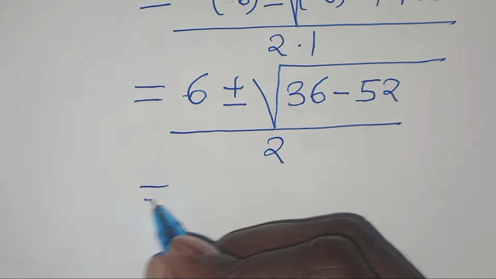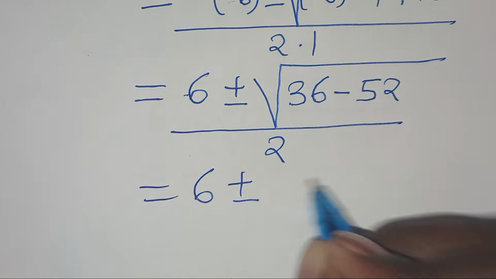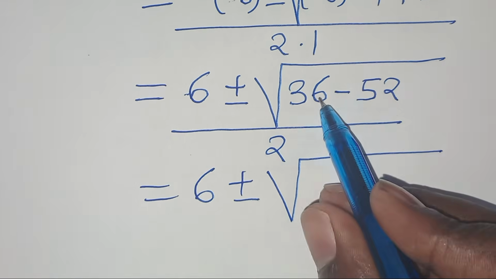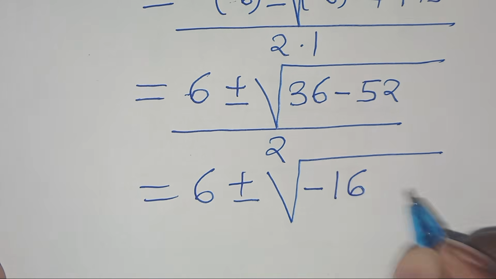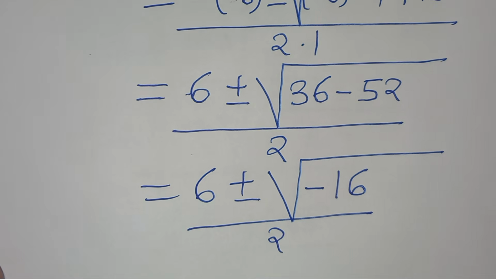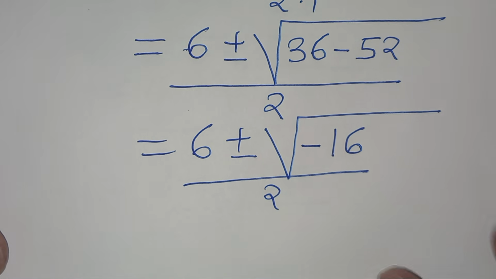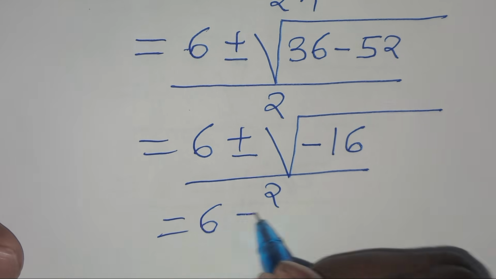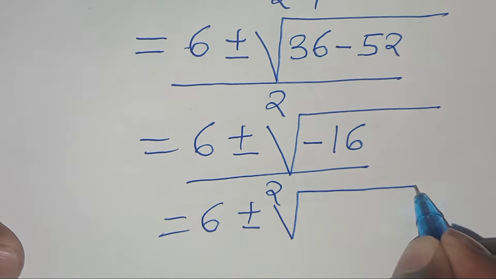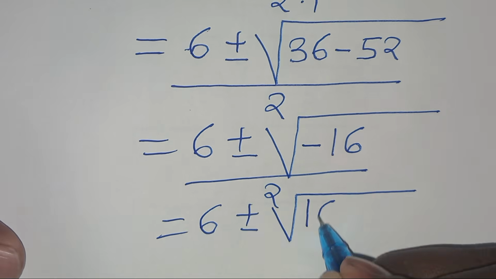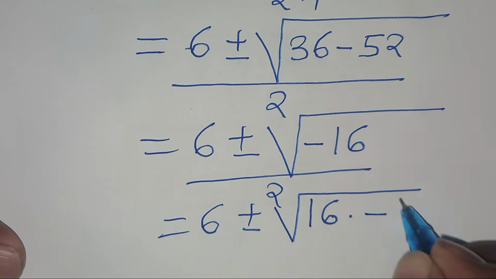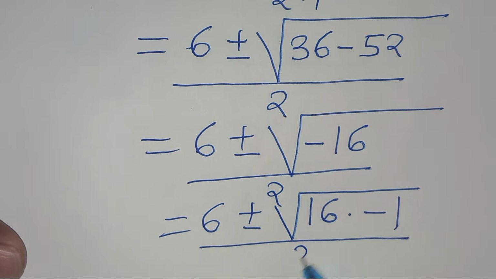The next step is that we have 6 plus or minus the square root of 36 minus 52, which is negative 16, divided by 2. So we have 6 plus or minus the square root of negative 16, which we can express as the square root of 16 times negative 1, everything divided by 2.